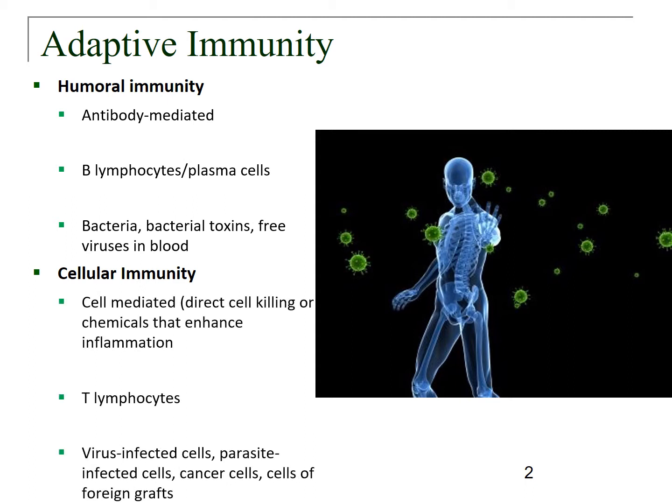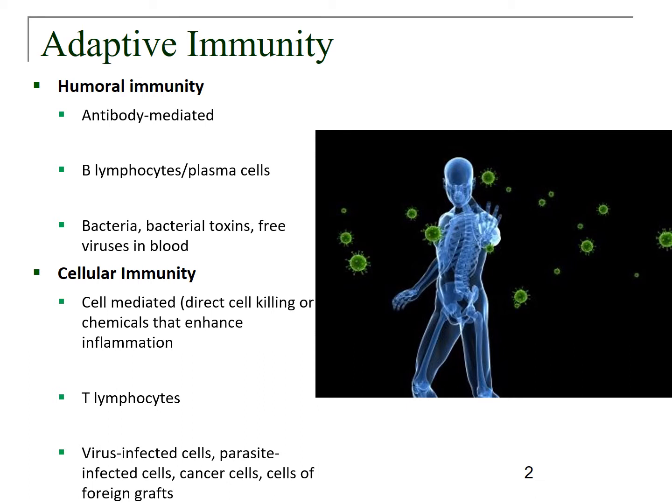Cellular immunity involves cell-mediated destruction of foreign cells or of chemicals that cause inflammation. Cellular immunity is going to be carried out by T lymphocytes, and they are mainly going to attack, and we've seen a similarity to this before, virally infected cells, parasite-infected cells, cancer cells, and cells of foreign grafts, in other words, donated organs.